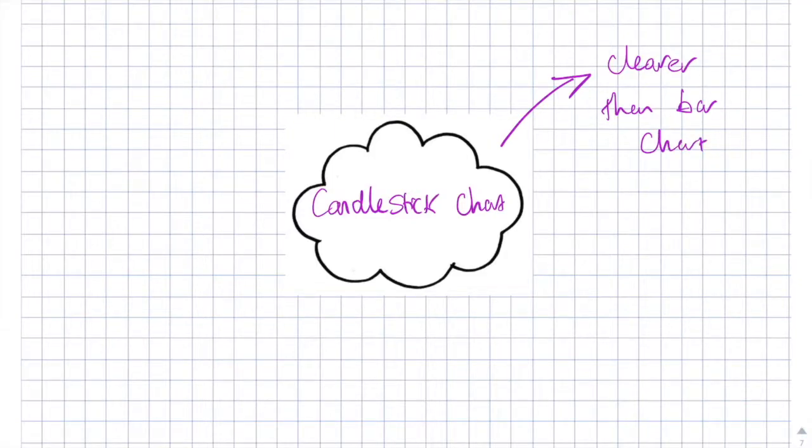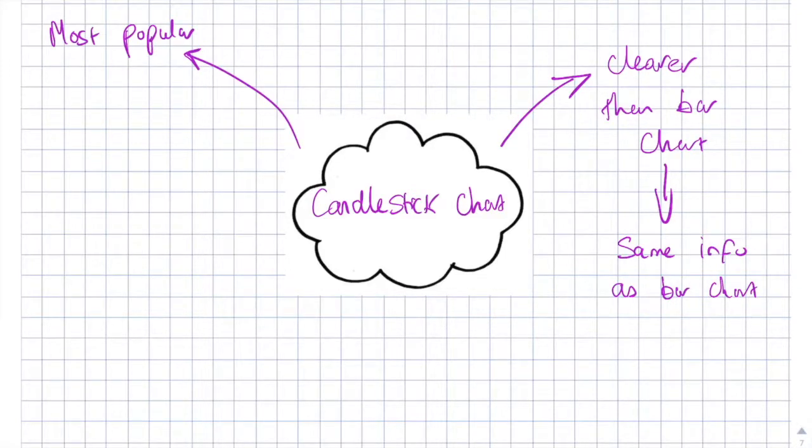Even in candlestick charts, you can see trends a lot easier, and it's just much clearer to most traders. However, it gives the same amount of information. It doesn't give more information or anything, it's exactly the same. Another thing is that it's the most popular chart that traders use on the market.